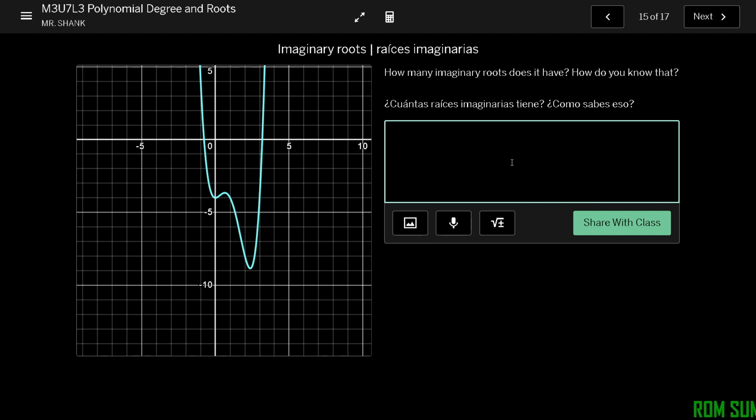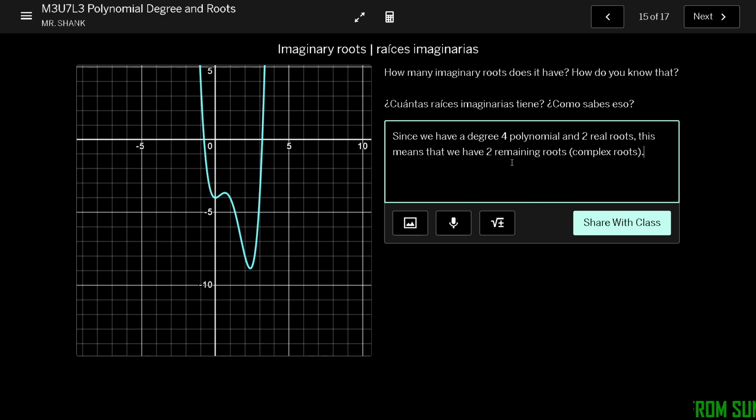So I can say, all right, since we have a degree 4 polynomial and 2 real roots, this means that we have 2 remaining roots, which we can say are complex roots.